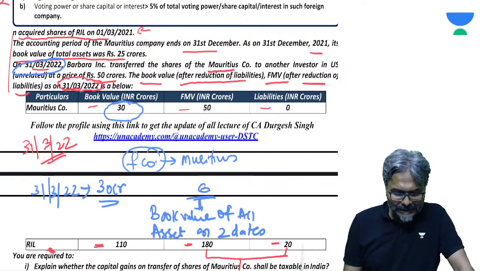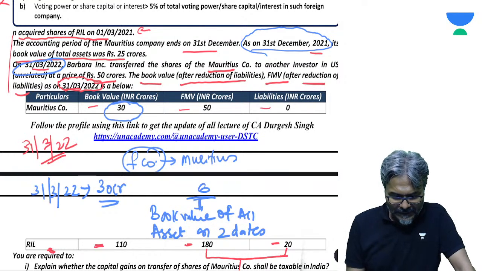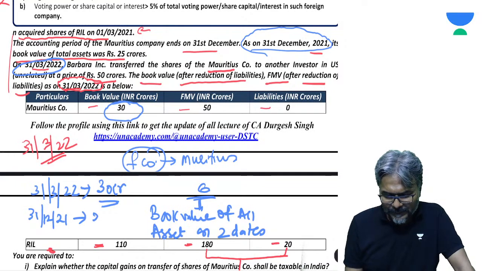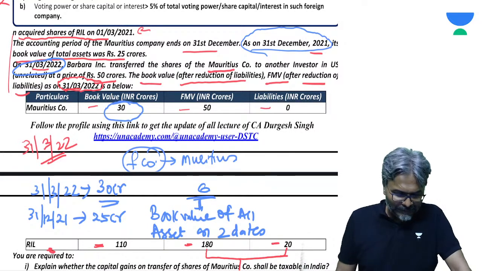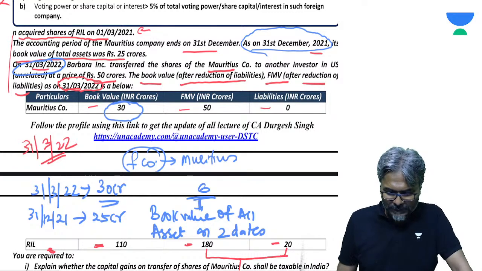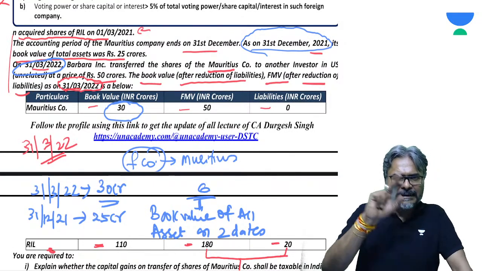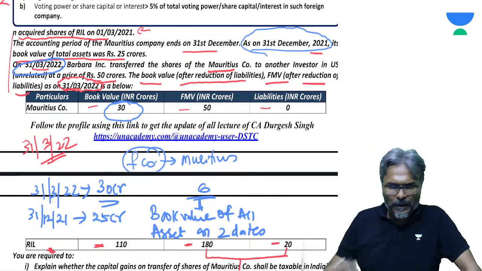And what is the last date of the accounting period? 31st December, the last date of the accounting period preceding the date of transfer. As on that date, the total book value happens to be 25 crores. Now, please tell me, is there an increase in the total book value of the asset on these two dates?